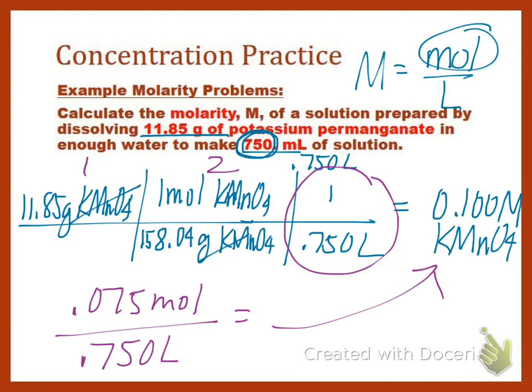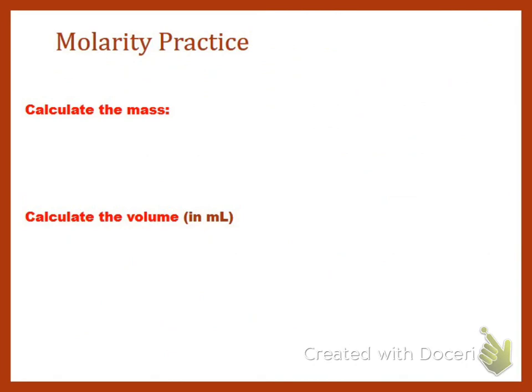Okay, so let's do some more examples. This is going to be on your next page where there's some practice problems, so turn your page. Okay? And then it should read, calculate the mass of NaCl in 175 milliliters. Is that what y'all's next one is? If you turn the page.